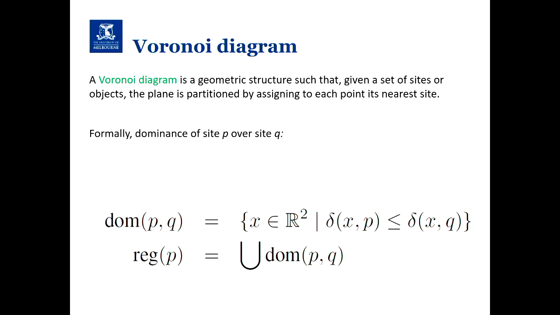So this is my site P and site Q. Think of it as the catchment of a hospital. So these are the two hospitals, and then I have a point X somewhere there. And I'm trying to decide which area of dominance this point X belongs to.